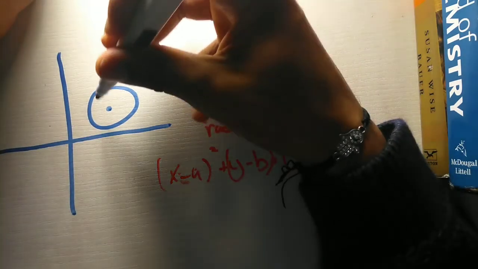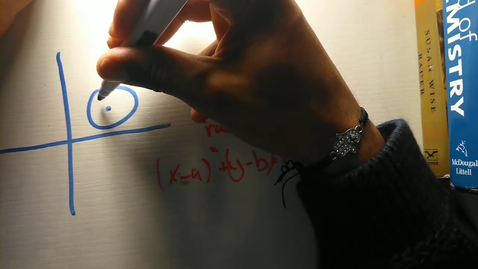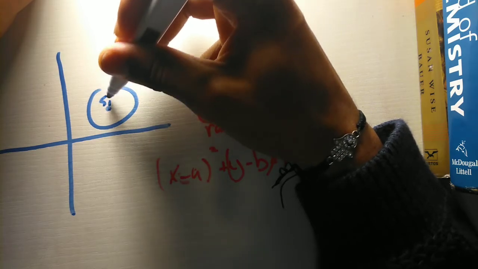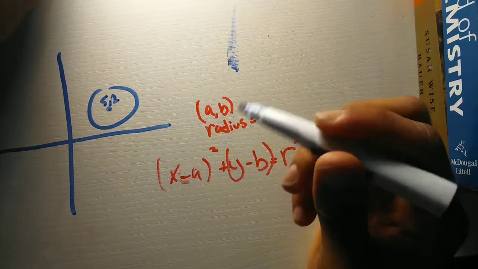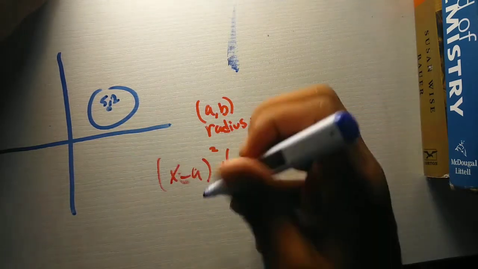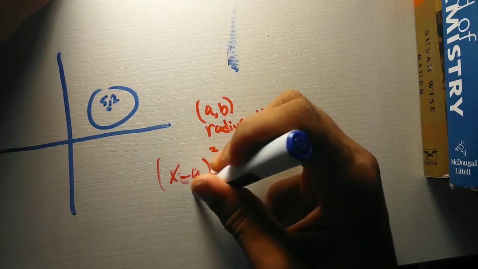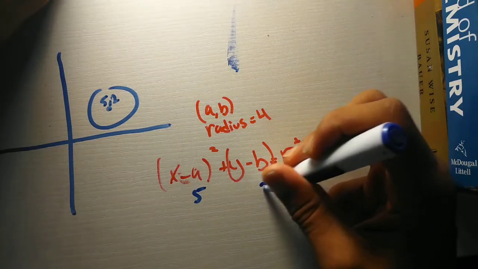circle is centered at the coordinate, let's say 5, 2. That is our A and B. So that's what would go here. Our A would be 5, and our B would be 2.